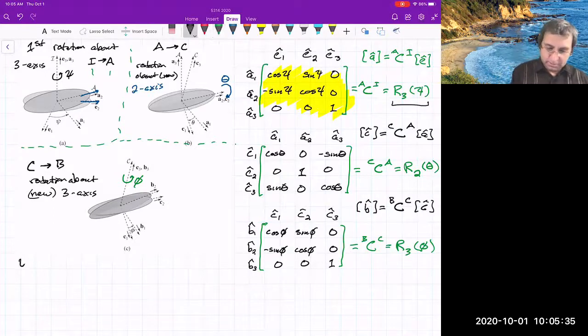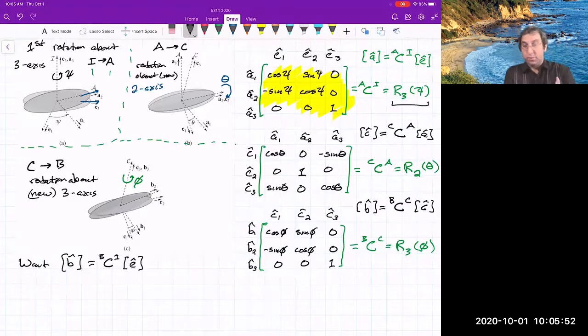We want the B unit vectors related to some matrix that takes us from the I to the B. So the E unit vectors. And what is that?